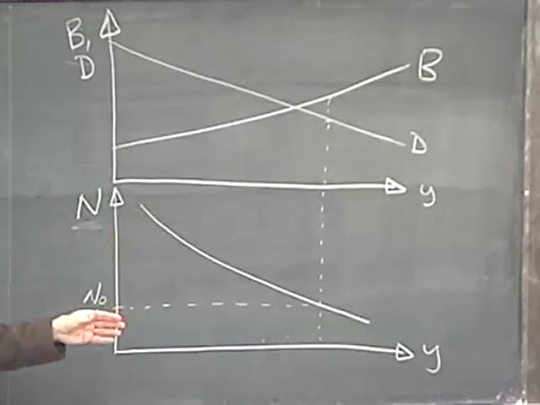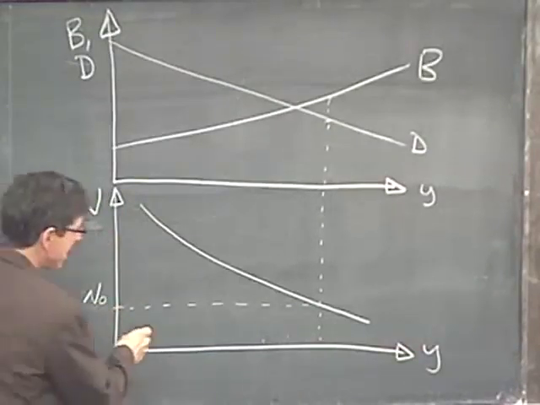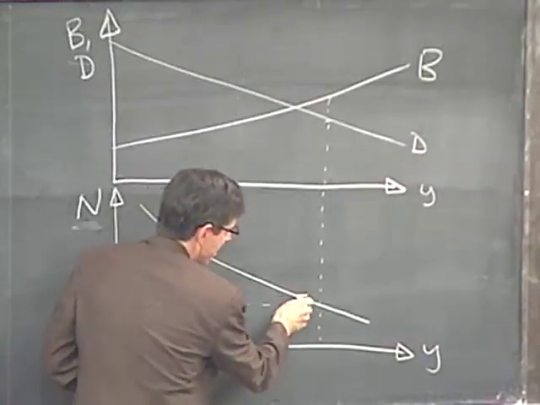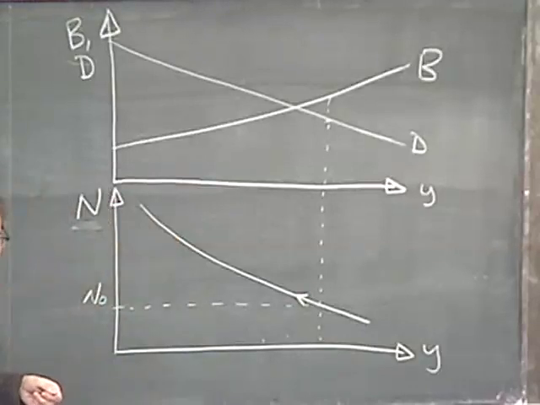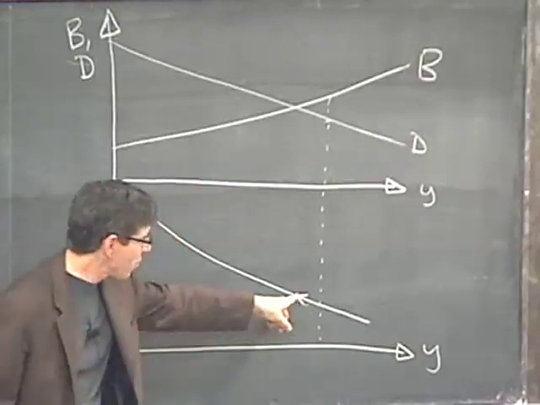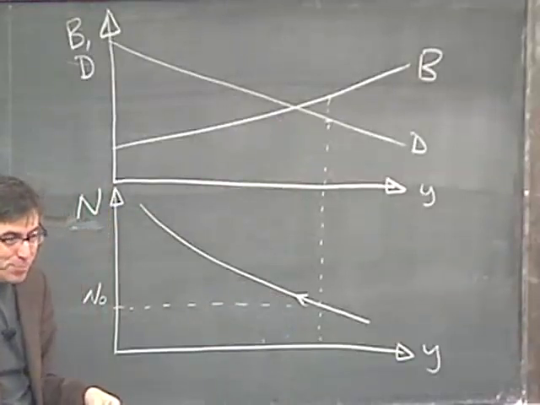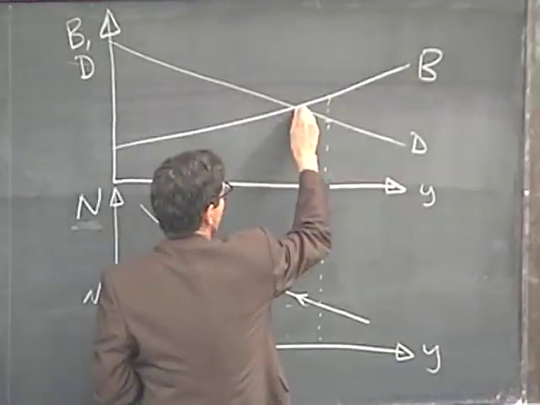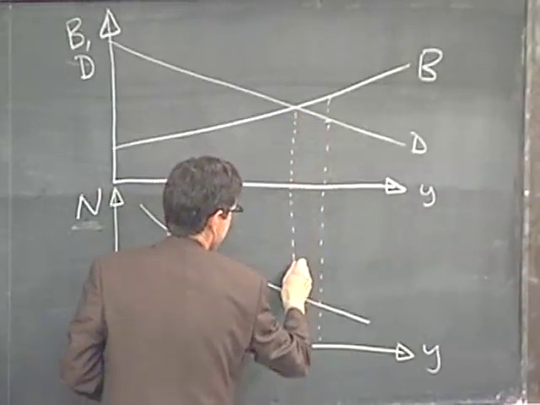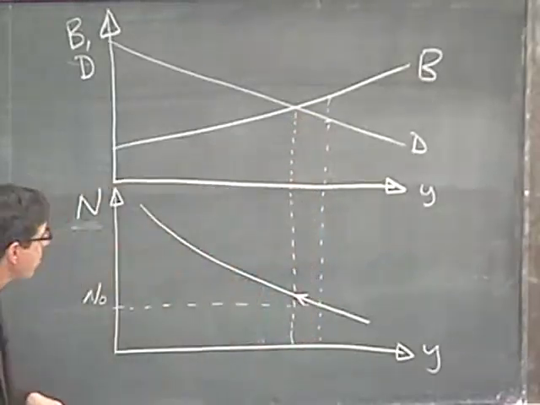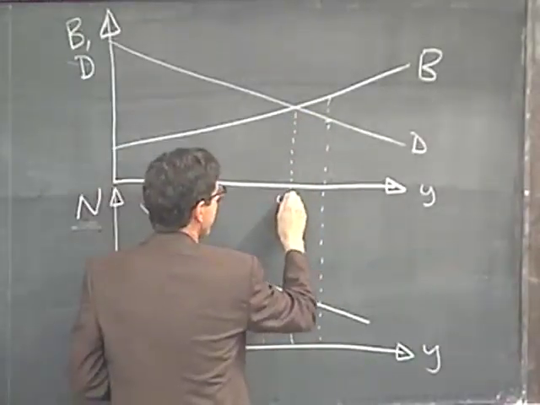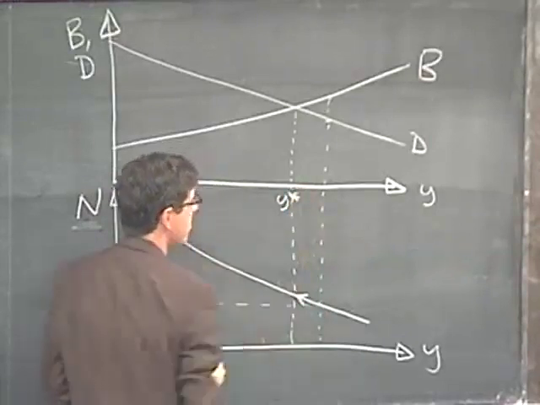It's got to be growing. And so in the next generation here, what's going to happen is we're going to start moving along this curve here. We're moving upwards along this curve as long as the birth rate exceeds the death rate. And in fact, we have to keep on moving up along this curve until we get to this income level Y star.